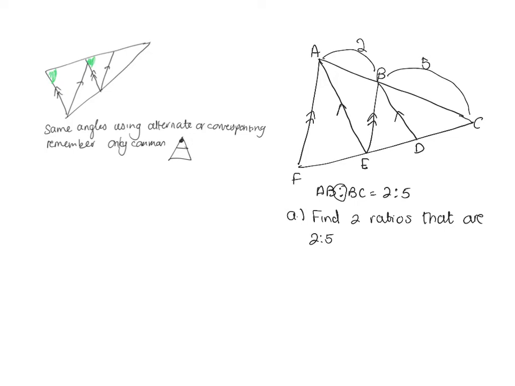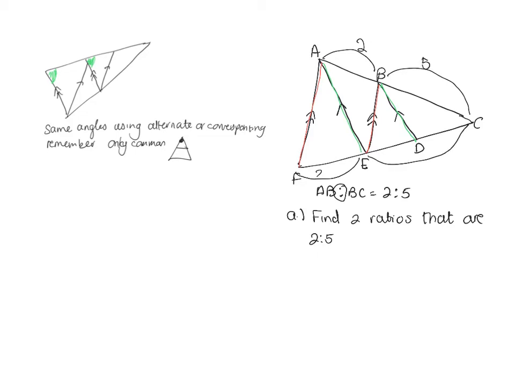Now, if you look, we've got a big triangle, ACF, and the parallel lines AF and BE, and we've got a small triangle, AEC, with those parallel lines, AE and BD. So let's look at the big triangle, AFC. We've got AB over BC is equal to AE over EC.